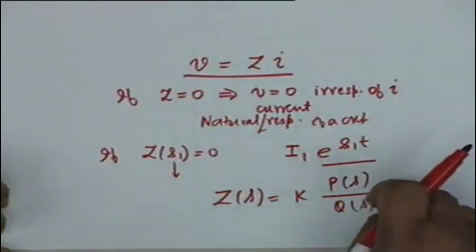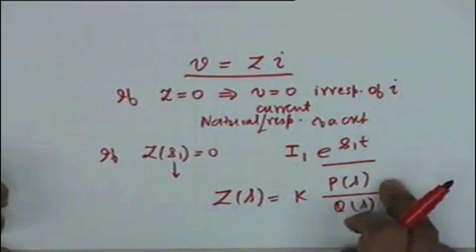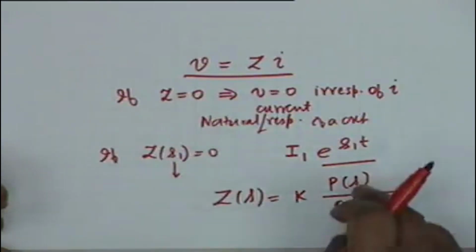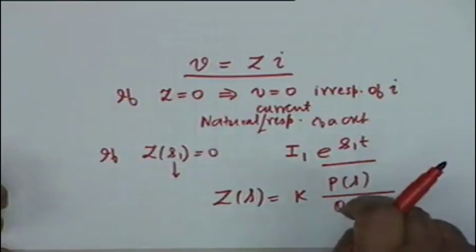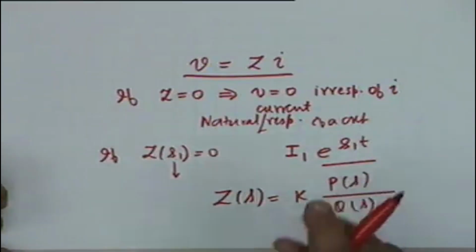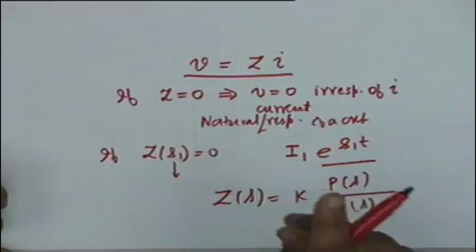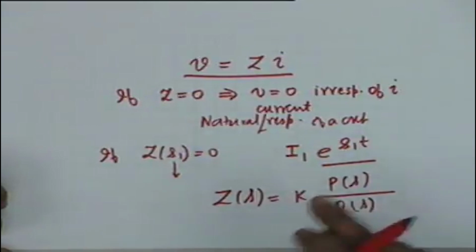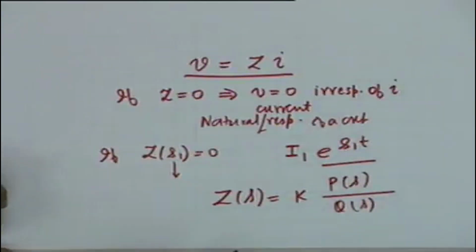Then these factors or the roots, what is their physical interpretation? This is what we are looking into. The physical interpretation is that the roots of P of S identify the natural frequencies of current response. It has nothing to do with whether charge is stored or not.